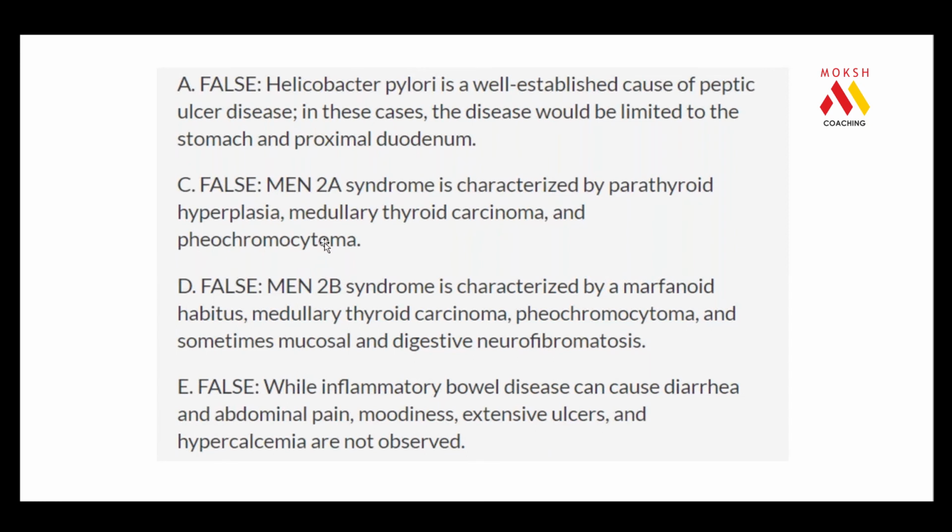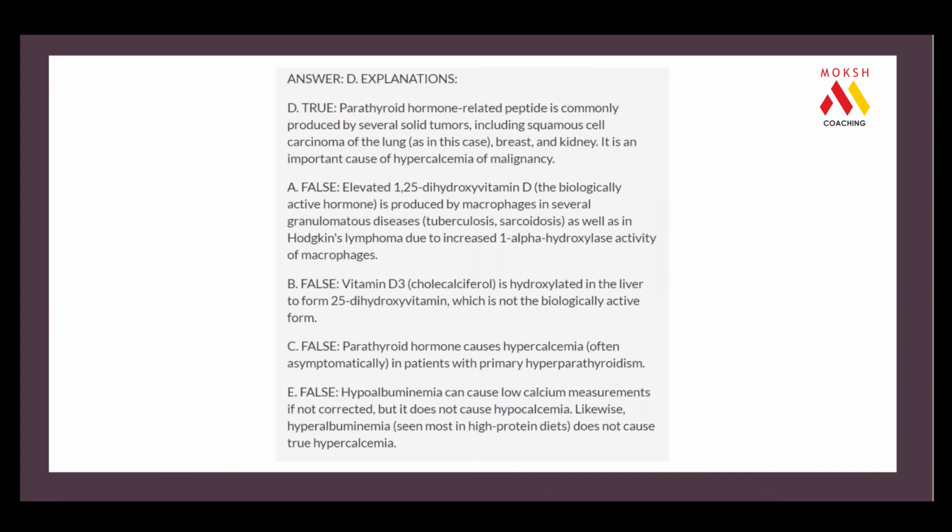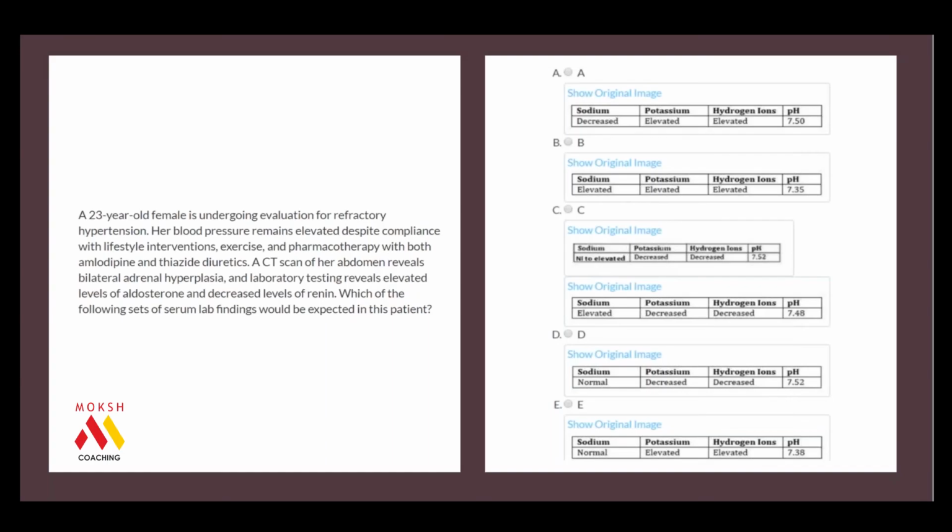Okay, so the next question is not the same question, it's a little bit different. Which of the following sets of serum lab findings would be expected in this patient? All right, so we start again. You have a 23-year-old female undergoing evaluation for refractory hypertension. So what does that mean?